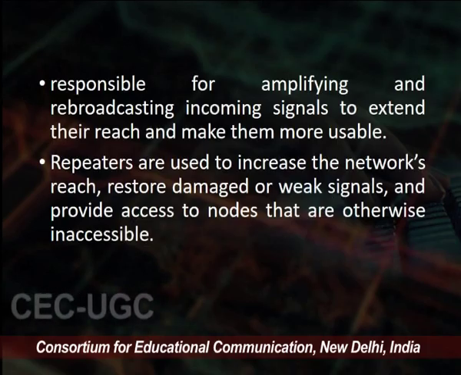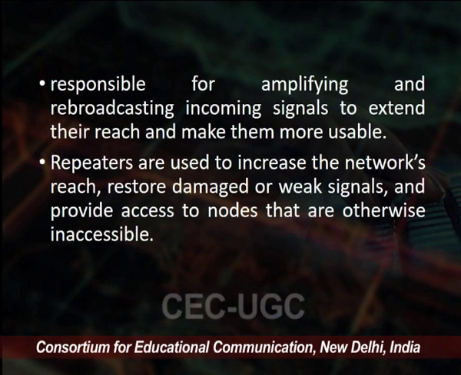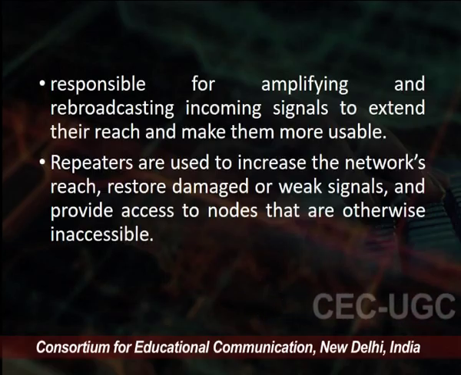At the nooks and corners where your signals are not able to reach, we can have amplifiers, or repeaters, in between whose job is to amplify, and then we will be able to reach the devices or nodes that are otherwise inaccessible.